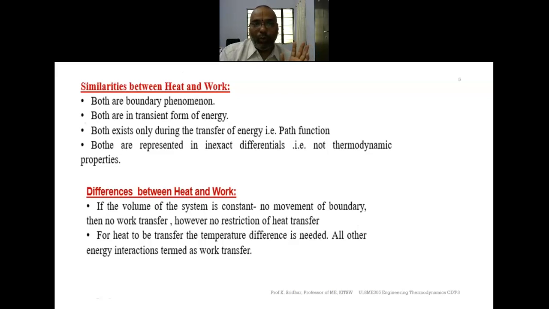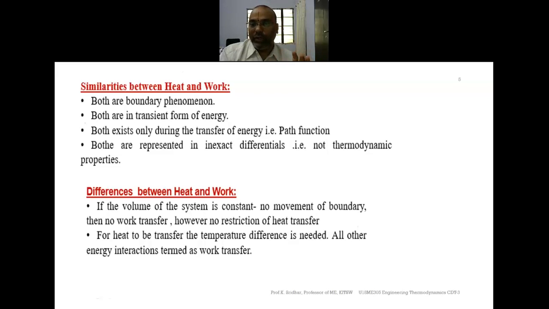And here I told you that both are examples of path functions. Path functions means these depend on the path followed by the system, and are independent of the states of the system. If the path is varied, then the work varies, and similarly heat also varies.